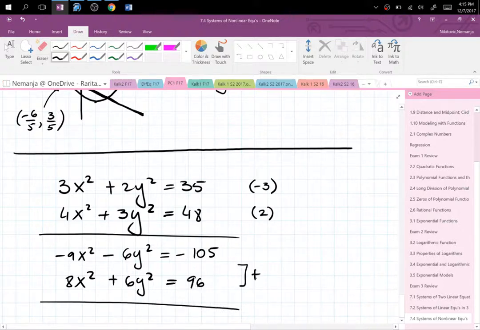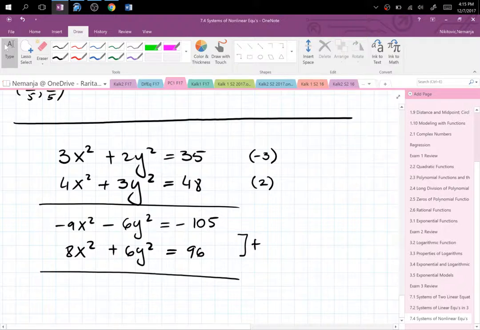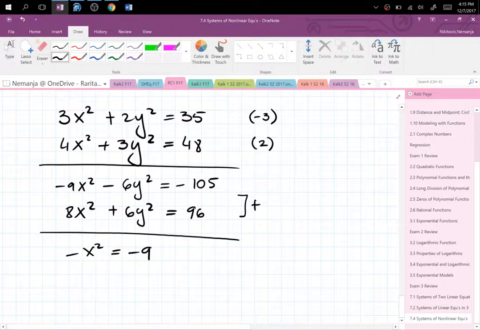You add the two equations, which will eliminate y, so you have negative x squared equals, the difference of this is -9. Which means that x squared is equal to 9, from where x is equal to what? Plus or minus 3.